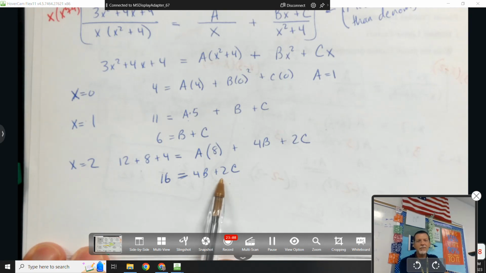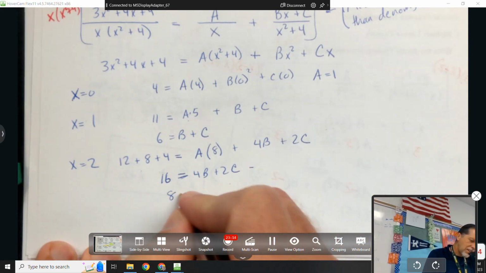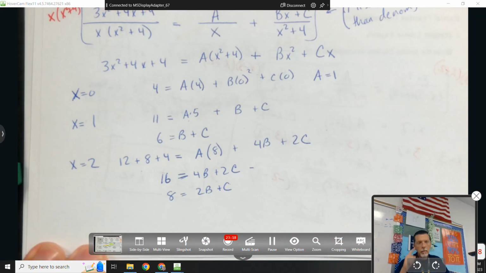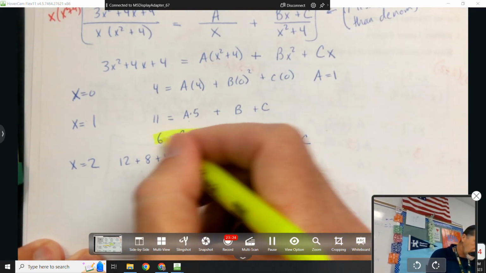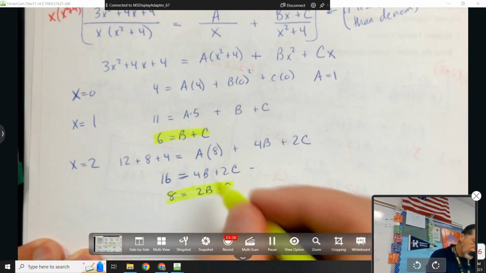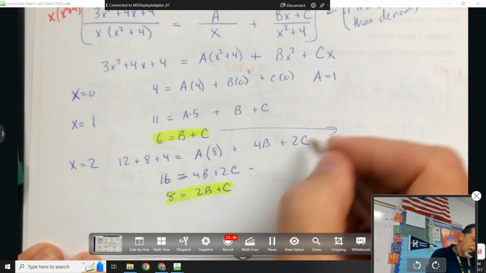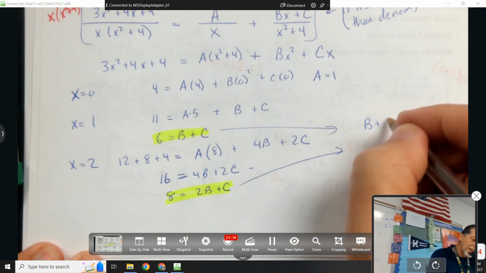I could make this a little bit easier. Divide everybody by 2 and get 8 equals 2b plus c. So now I've got 2 equations with 2 unknowns. System of equations. Like, oh yeah, we did that in Algebra 2. Never thought we'd need that again.